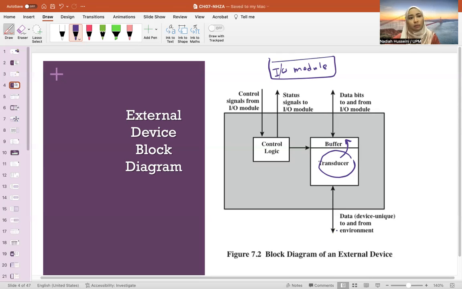Let's say my keyboard is super slow, so I store everything in the buffer first, and then when everything is ready, I transmit at the data rate that the I/O module can use. So the buffer helps to counter the mismatch, basically.